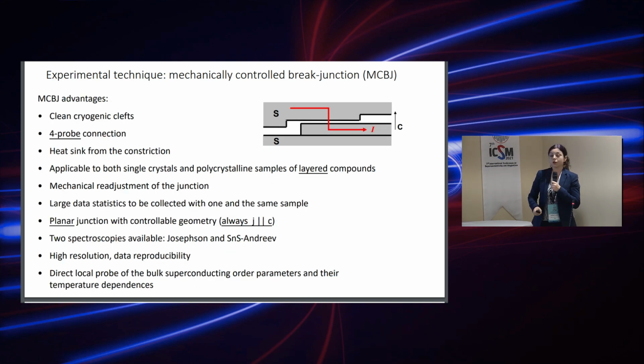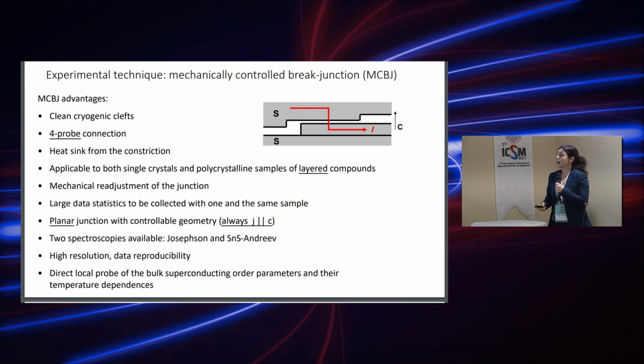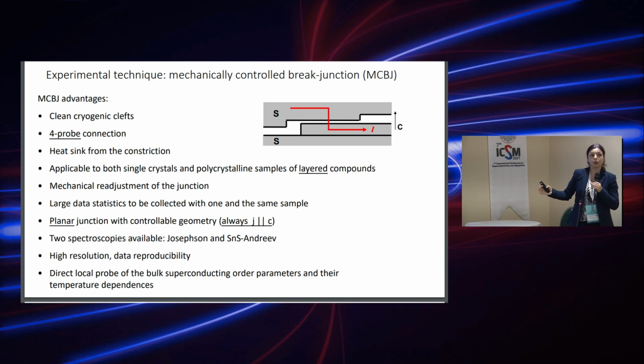Such planar break junctions have a lot of advantages, and the most important advantage is the full probe connection and the location of the microcrack far from current and potential leads and deep in the bulk of the sample.